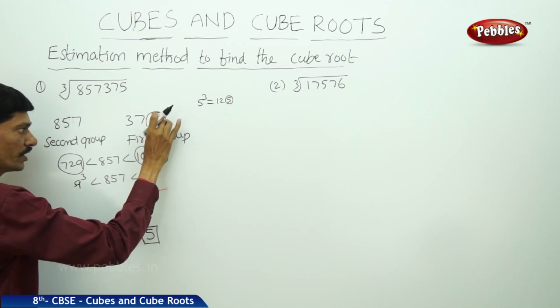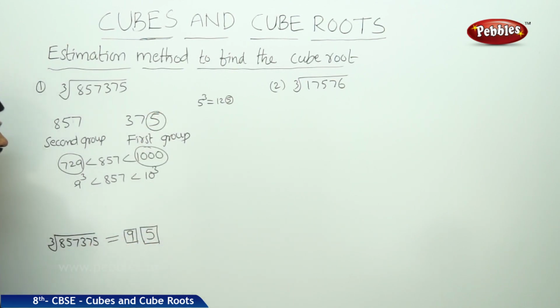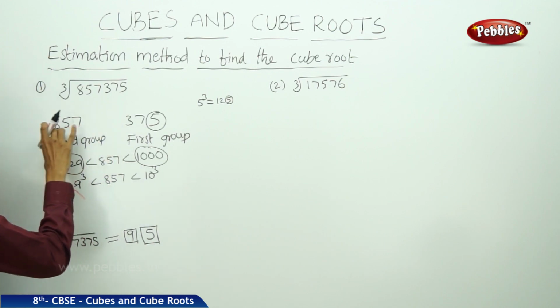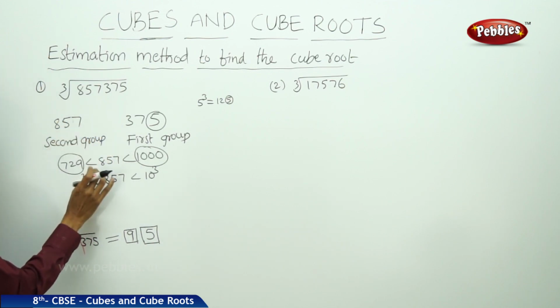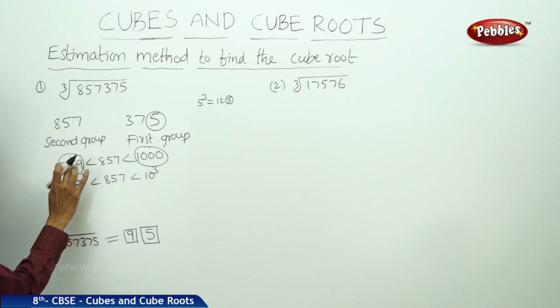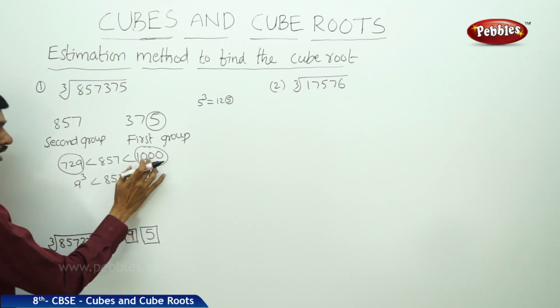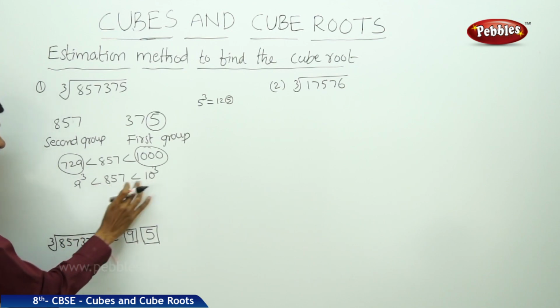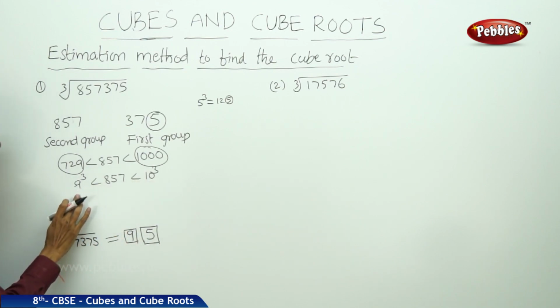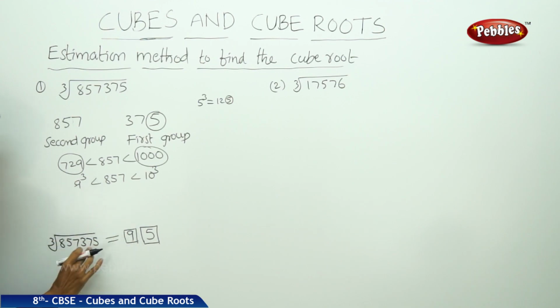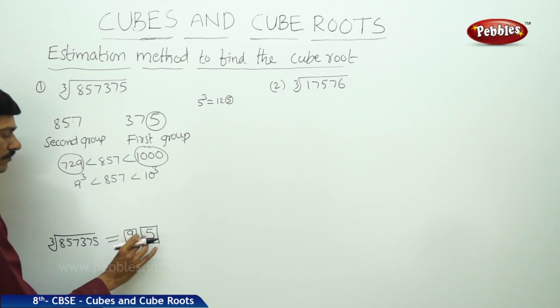So this 5 is the units place of the required cube root. Next, consider the second group, that is 857. This 857 lies between two perfect cubes, 729 and 1000. 729 can be written as 9 cube and 1000 can be written as 10 cube. In these two numbers, which is smaller? 9. What is the units place of this 9? It is obviously 9. So that 9 is the tens place of the required cube root. So the cube root of the given number is 95.